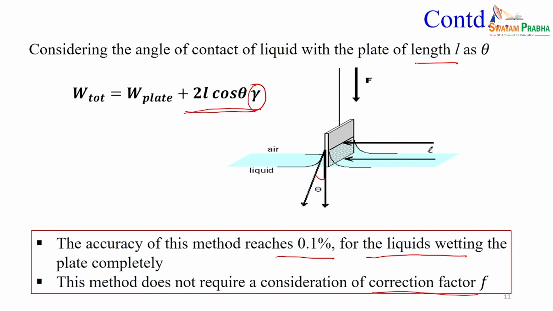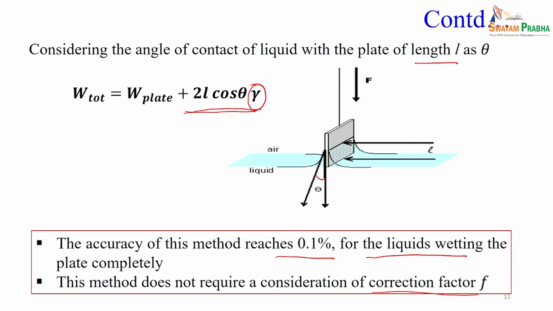So, in these methods we take either the ring method or the plate method, the liquid should wet either the ring or the plate, then we are pulling it out and we are measuring the surface tension or the interfacial tension.